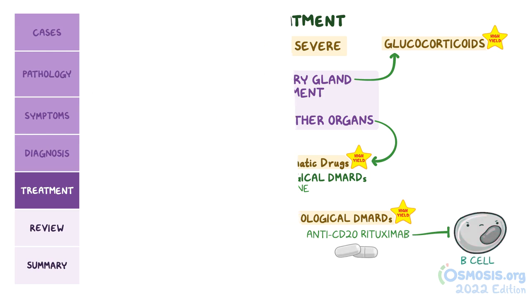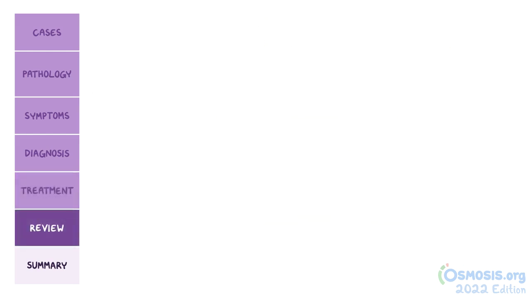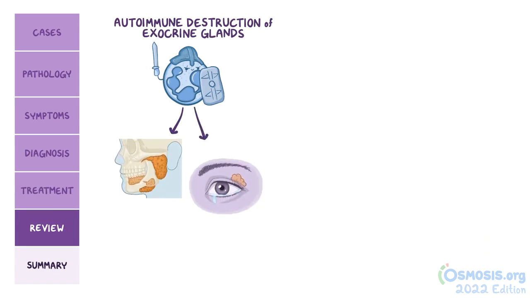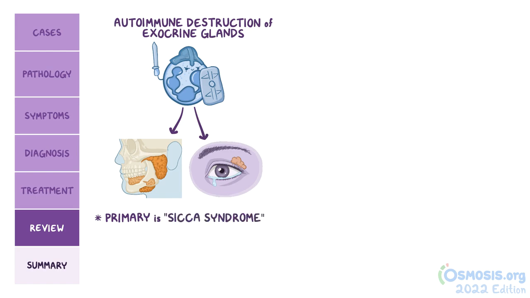Alright, as a quick recap, Sjogren syndrome causes the autoimmune destruction of the exocrine glands, most commonly the salivary and lacrimal glands. It can be primary, when it's called sicca syndrome, or it can be secondary when it occurs alongside other autoimmune diseases.